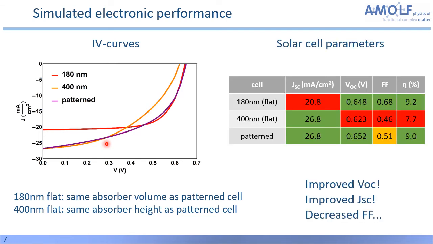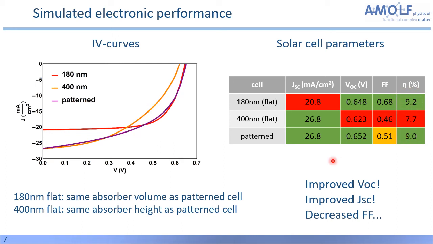And if you look at the numbers for that, then you will find that the pattern cell seems to combine the high JSC that you would expect from a thick planar one with a high VOC that you get from a thin planar one. Now, unfortunately, you suffer a little bit in fill factor, which in the end makes you reach a similar efficiency in the pattern case as you would have in the thin planar case.